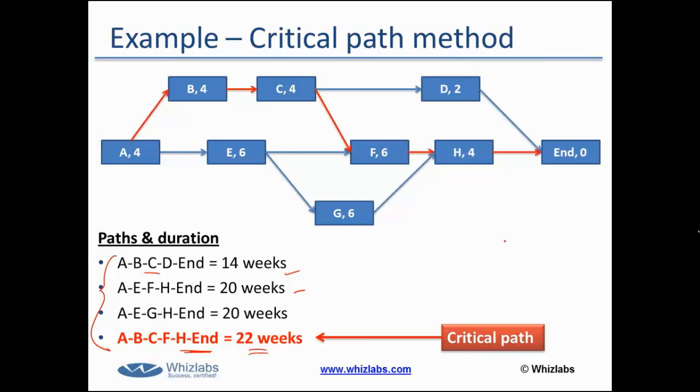Yes, Gonzalez, that's the definition of critical path in a simpler way. We can say it is the path which has the longest duration in the project. So what can be said now from this diagram? We can say that A, B, C, F, H, end, this particular path has the longest duration of 22 weeks within the project, and this is called the critical path of the project.